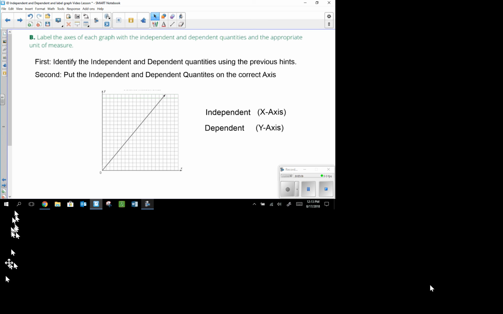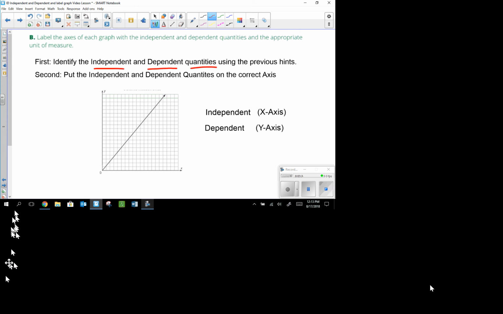The next question will be labeling your axis. It says label the axis of each graph with the independent and dependent quantities and the appropriate units of measure. The first thing you need to do, just like the previous slides, is identify the independent and dependent quantities. All right, once we have identified them, we need to know where to put them.